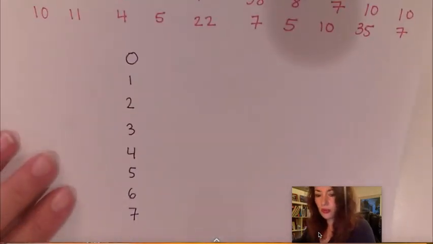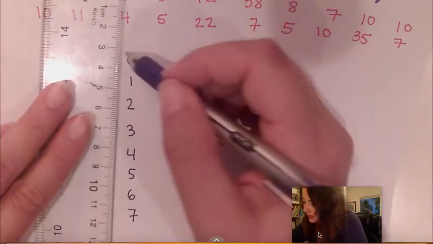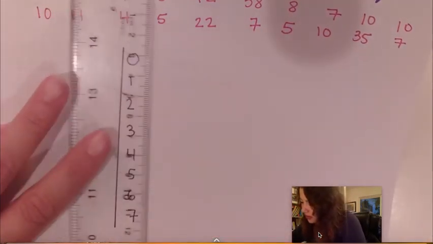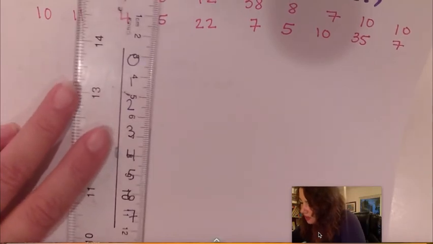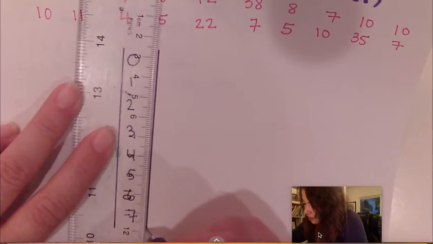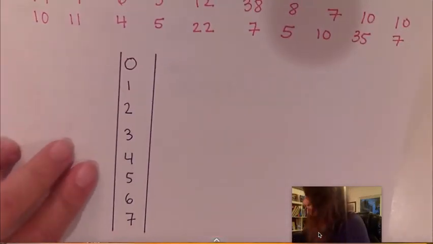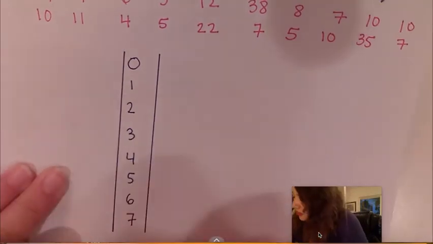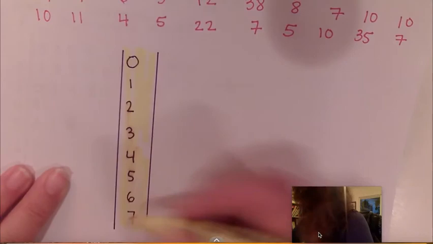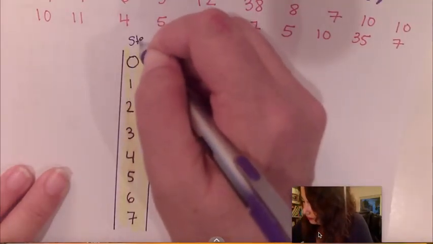So I'm going to recreate, and I'm going to do a back-to-back stem plot. Now I could easily create just a stem plot for the males, but you already know how to do that. If I want to compare two stem plots, then we are also going to write a title for this. And in the middle right here, this is going to be my stem. So this is the stem right here.